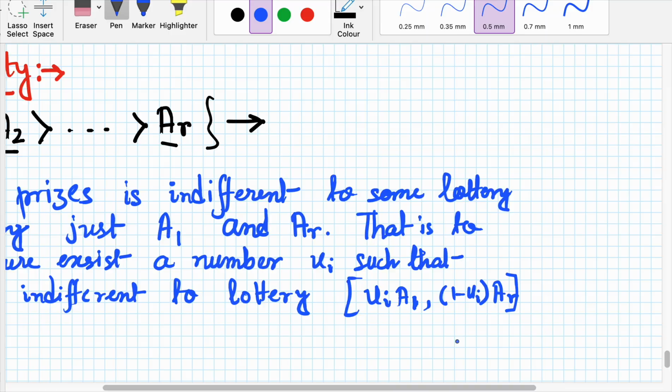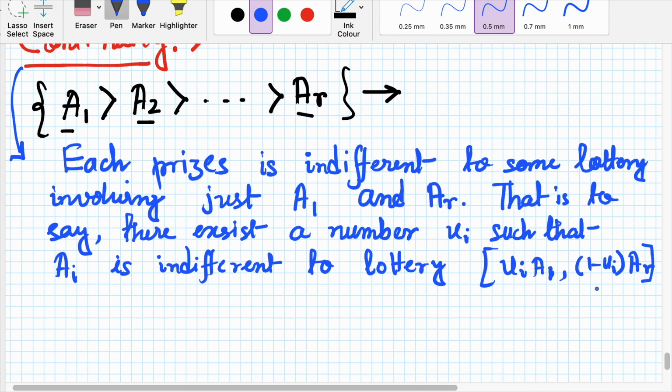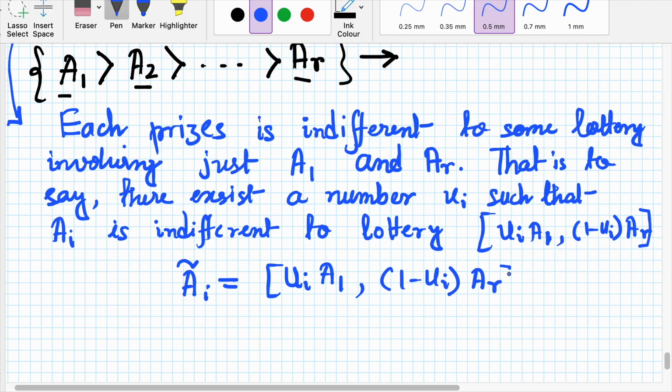So this is called the continuity principle. We can write this lottery, Ai tilde, as a lottery in which with Ui probability I will get the prize A1, and with 1 minus Ui probability I will get the prize AR.